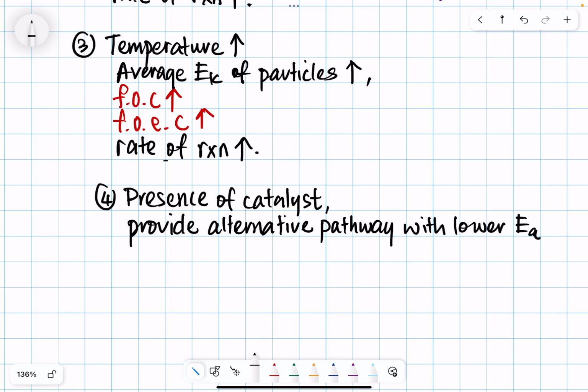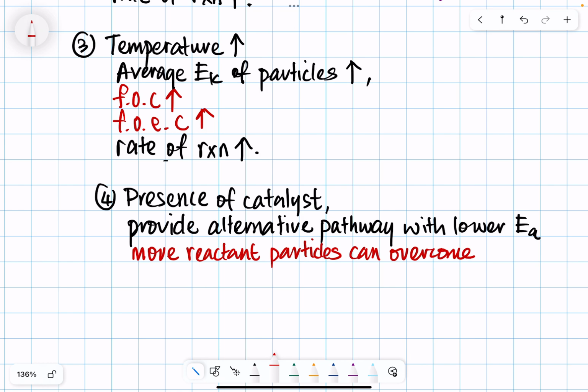So this makes more reactant particles able to achieve, or overcome, the lower activation energy, or you can say the new activation energy.